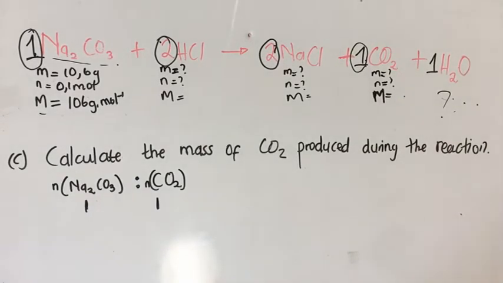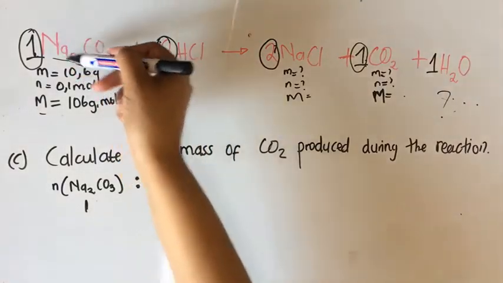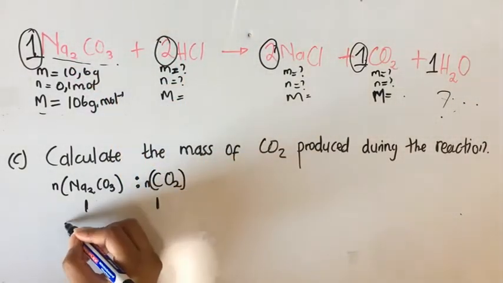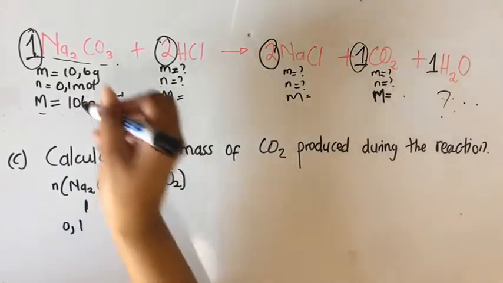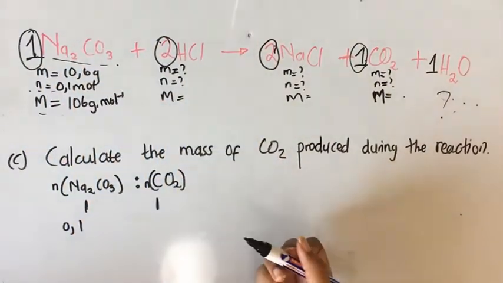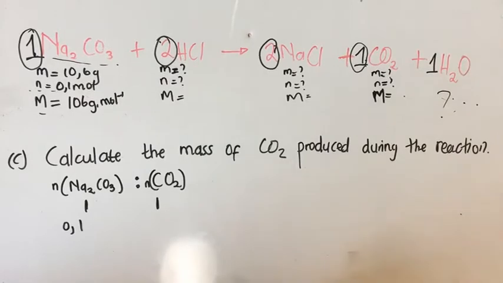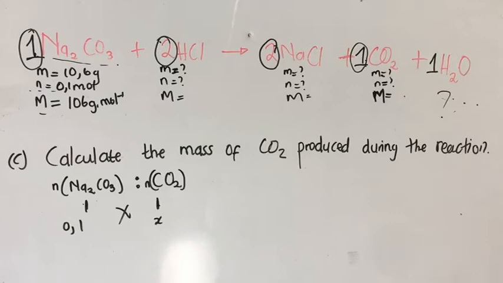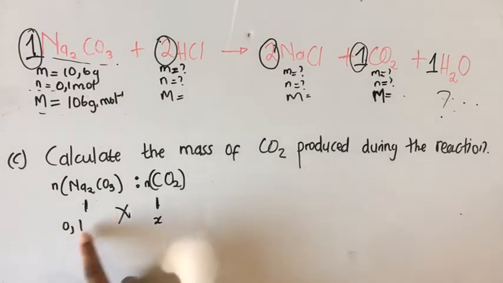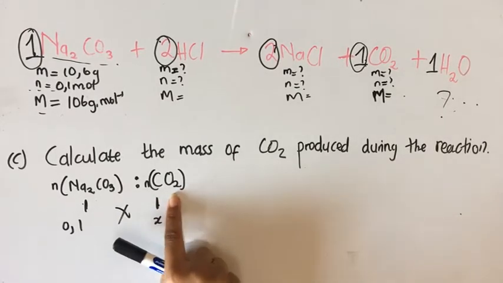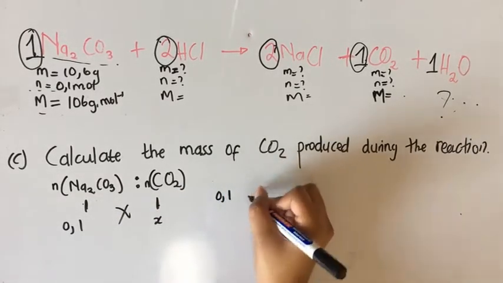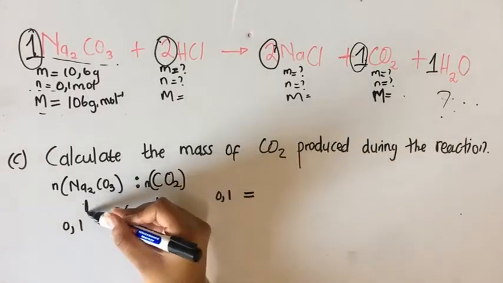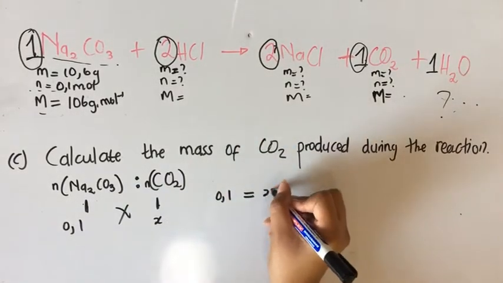Okay, then manje, according to the calculation, the number of moles of sodium carbonate is 0.1. Then the number of moles of carbon dioxide is x. Alright, so we cross multiply 0.1 multiplied by 1 is 0.1, right? 1 multiplied by x is x.